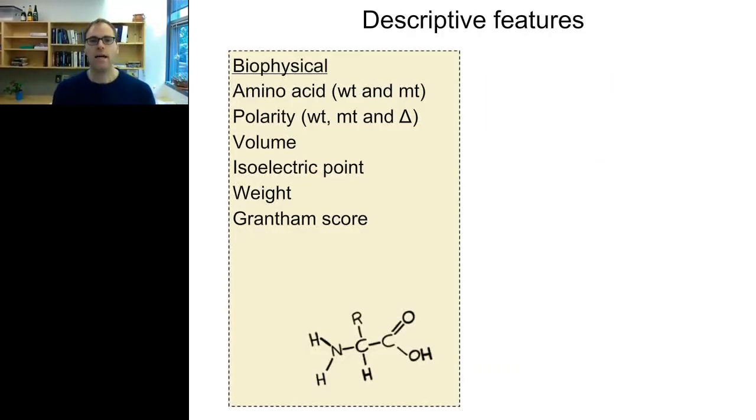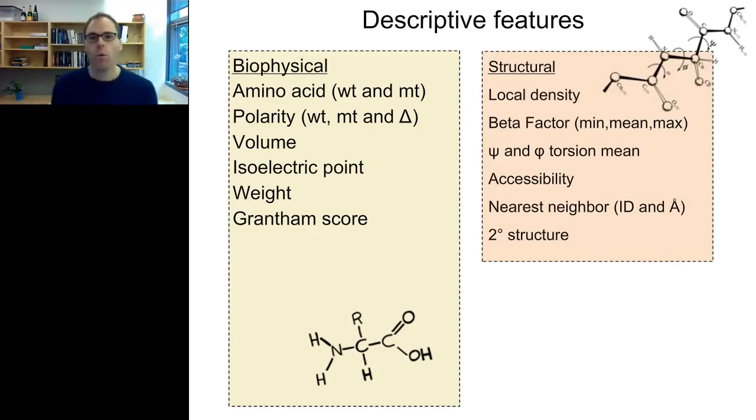That's the training data. We added descriptive features that are not particularly different from ones that other variant effect predictors use. There's a deep literature of what works here, and we went with what works. We chose a variety of biophysical features that include facts about the wild type and mutant amino acid. We also, when available, use structural information.